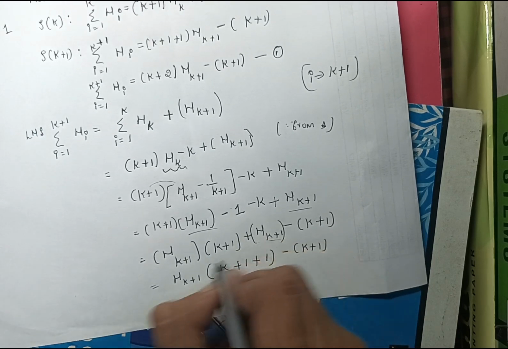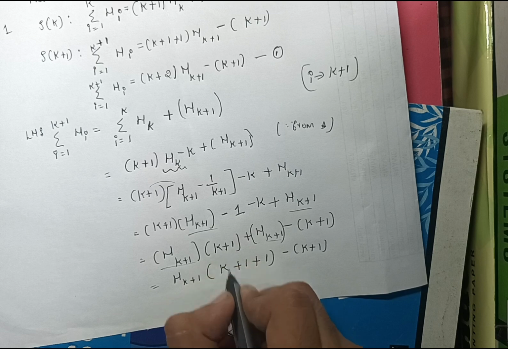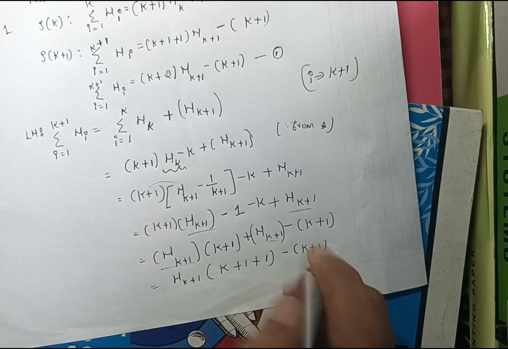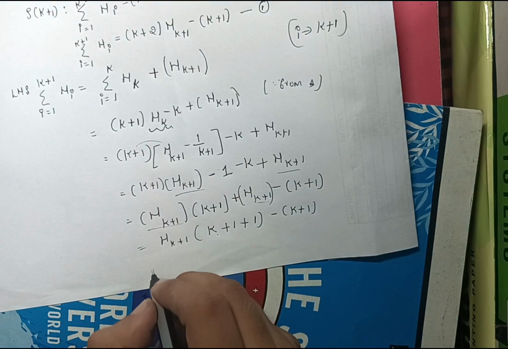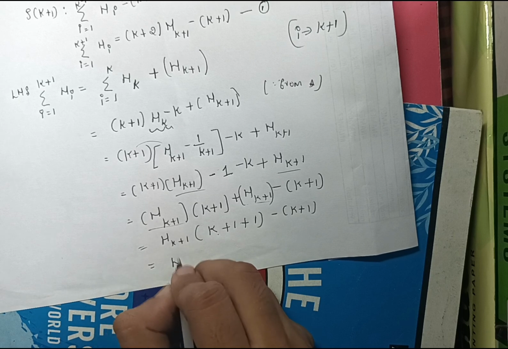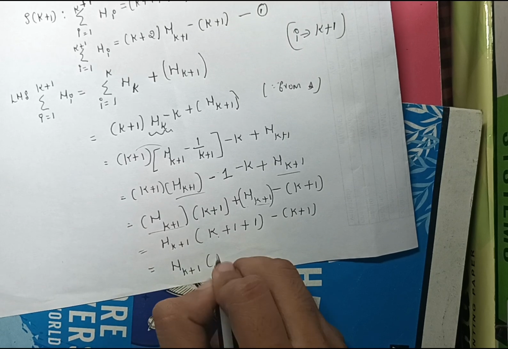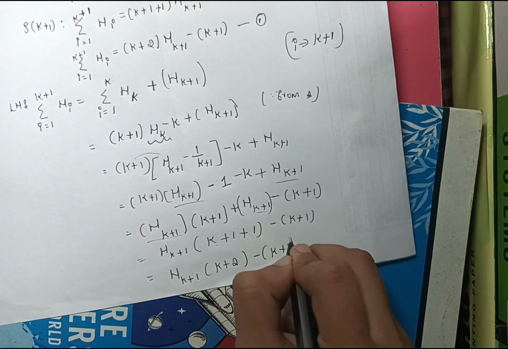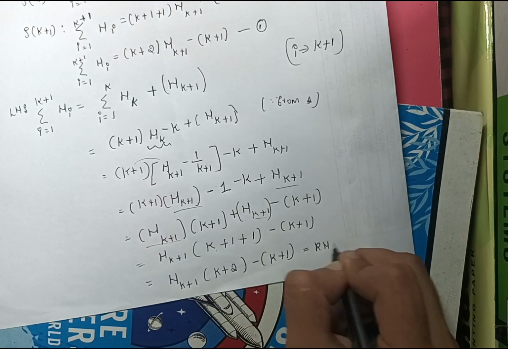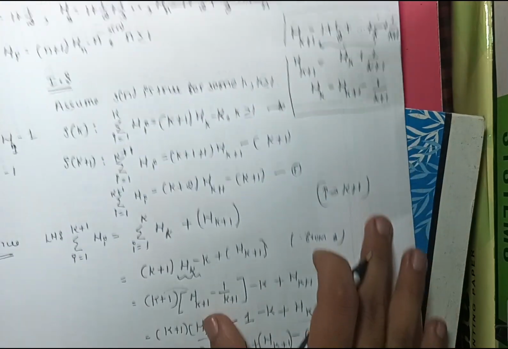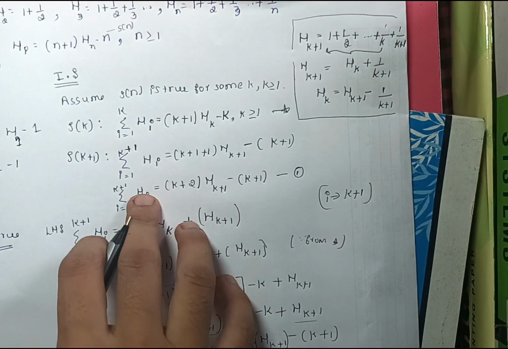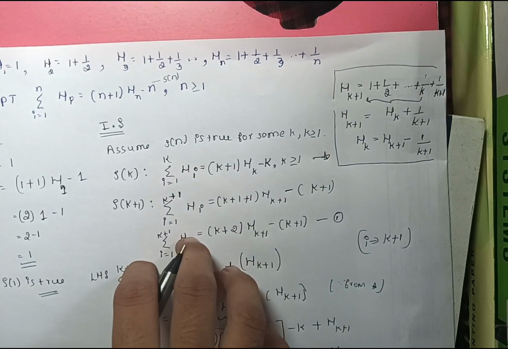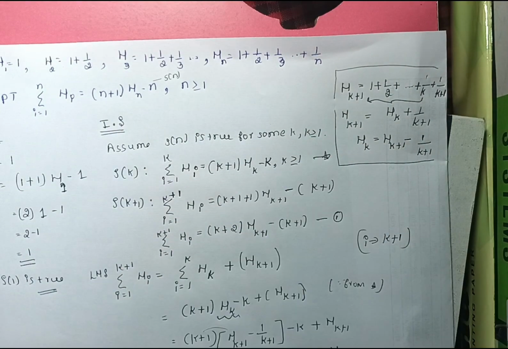Here take h of k plus 1 out, remaining is k plus 1 and here remaining is 1 minus k plus 1. That is h of k plus 1 times k plus 2 minus k plus 1, which is the right hand side. Hence we have proved that s of k plus 1 is also true for some k greater than or equal to 1.